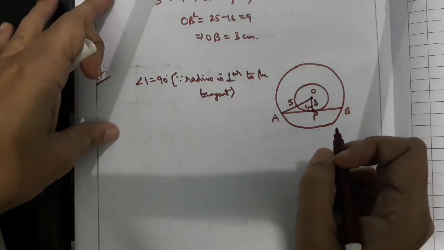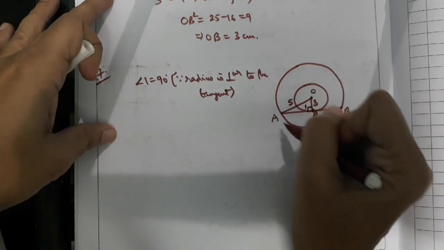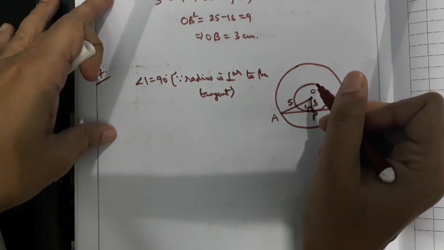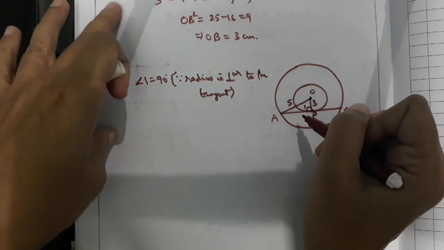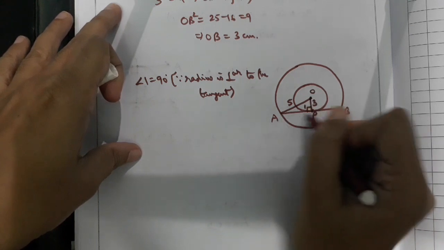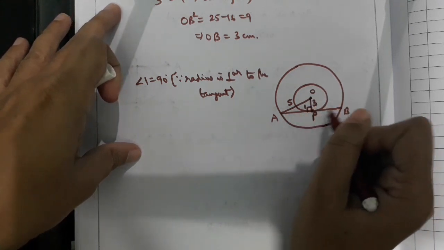Question number 7. Two concentric circles are of radii 5 centimeters and 3 centimeters. So concentric circles are the circles which have the same center. Find the length of the chord of the larger circle which touches the smaller circle. So we draw this chord AB.